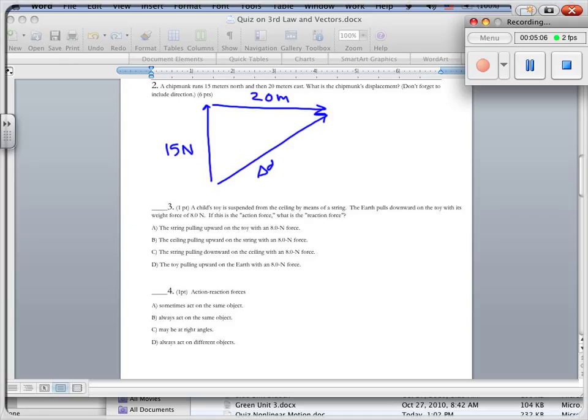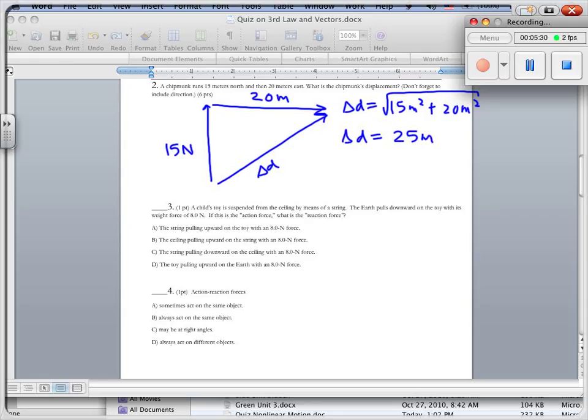So the total displacement is this hypotenuse. So delta D equals the square root of 15 meters squared plus 20 meters squared. And I end up with 25 meters as the displacement.